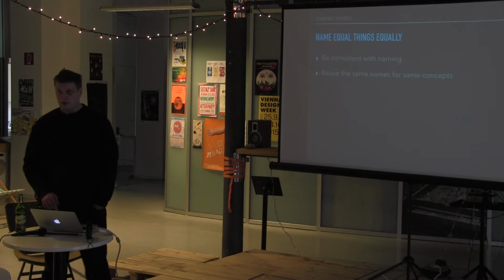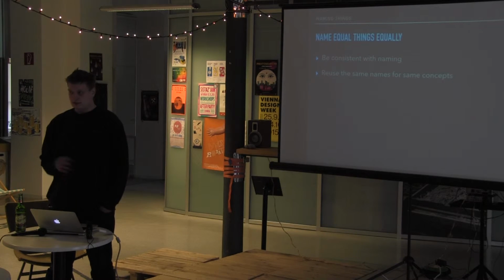You should always be naming the same concepts with the same names. So you should always be consistent about using the same names for the same things. For example, if we have a user, we should always be calling it a user. But we should also be naming different things differently.